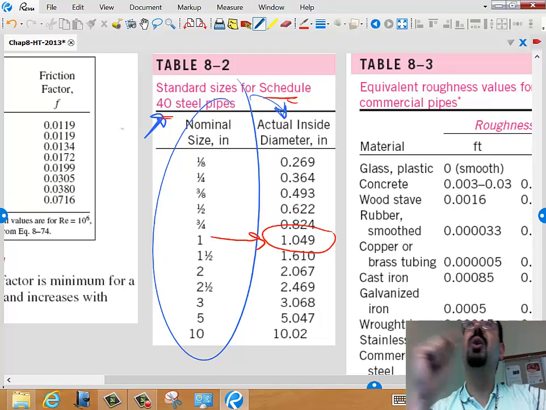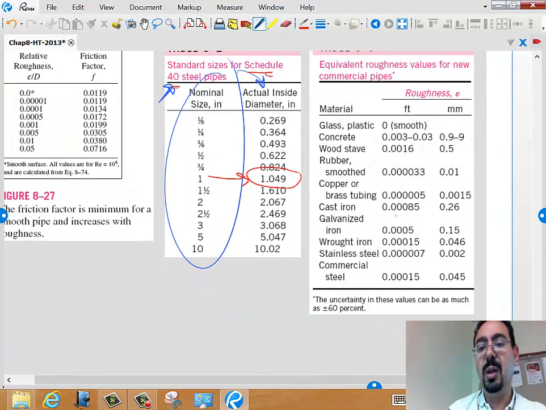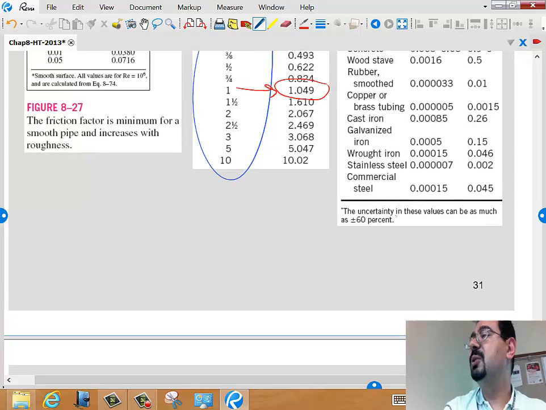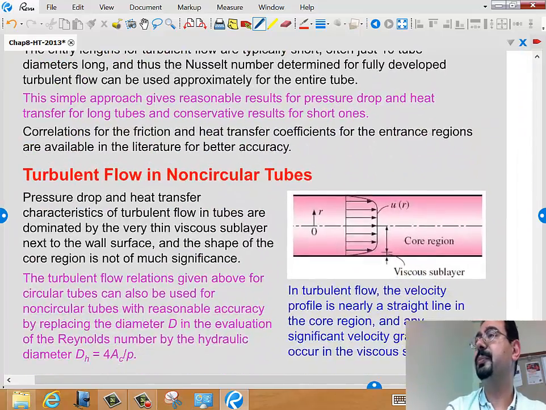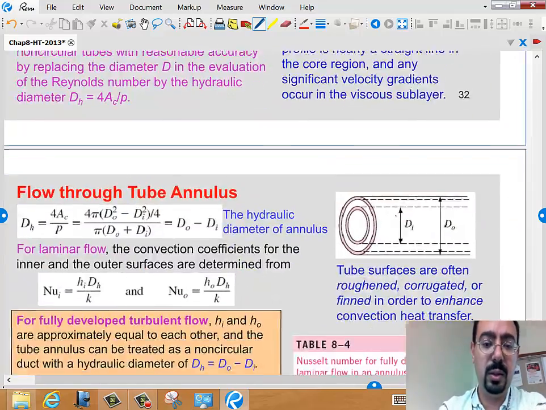Knowing the nominal size, there is another table like this for schedule 80, for example, and schedule 10. So the schedule gives you the thickness, and that table gives you the inside diameter. Of course, you add the thickness to it, and you get the outside diameter of the pipe. Now you have those two diameters. And this table is for different epsilon for different materials.